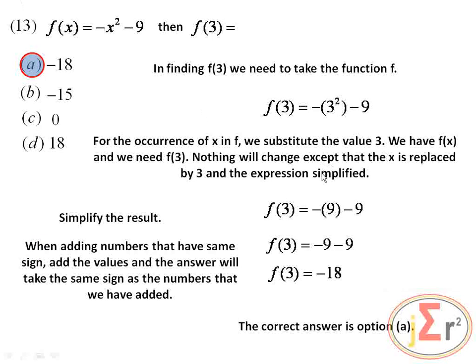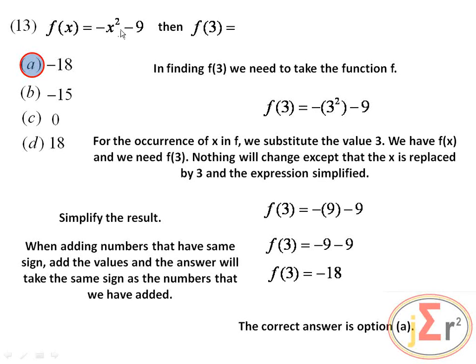We mentioned before about the square of a negative and the negative of a square. This one that we have here is the negative of a square. The negative of a square is always negative, but the square of a negative is always positive. So we have the negative sign here of x squared.